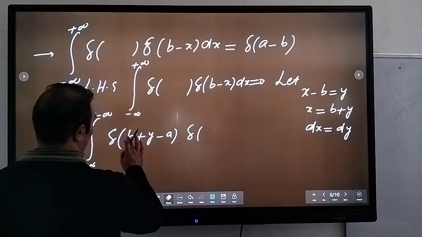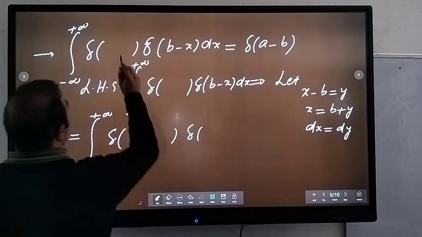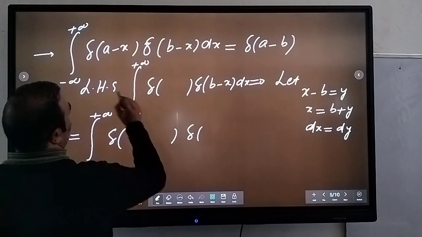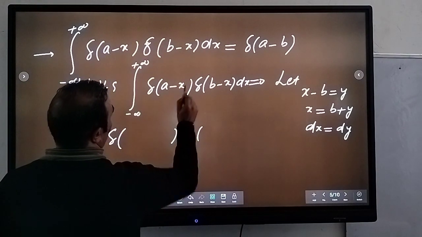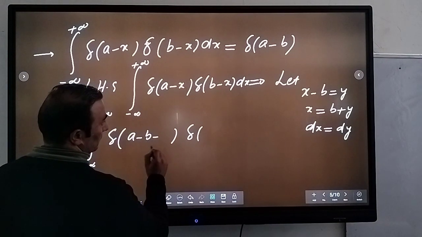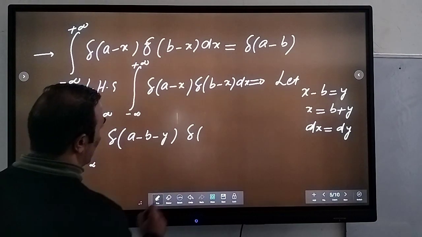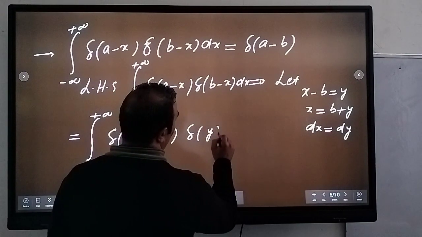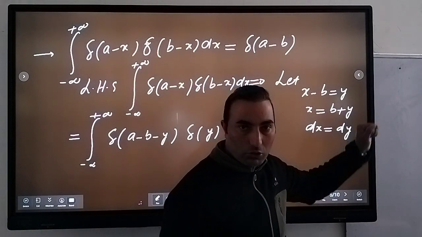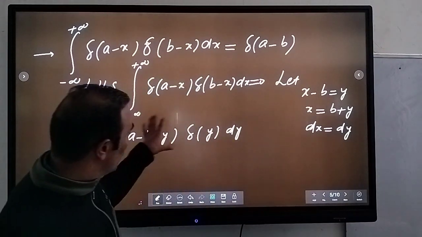Okay, so there was some mistake. So this is a minus x, and this a minus x. Okay, so this will be a minus b minus y, and this will be delta of y, and dx will be equal to dy, because I am doing that substitution, that x minus b equal to y, and then instead of x, के बदले में लिखूंगा b plus y, and you will get this value.